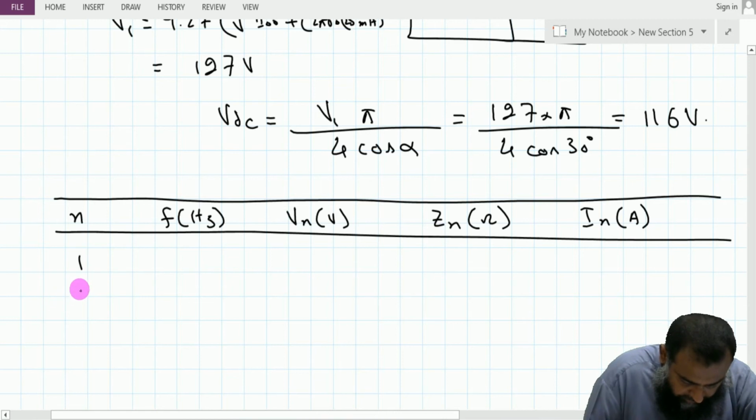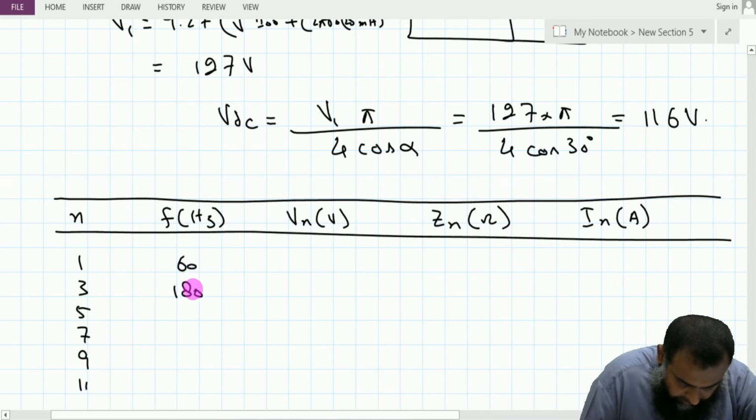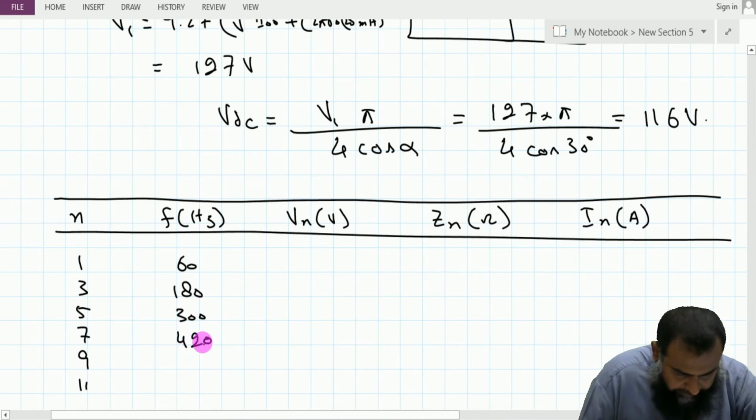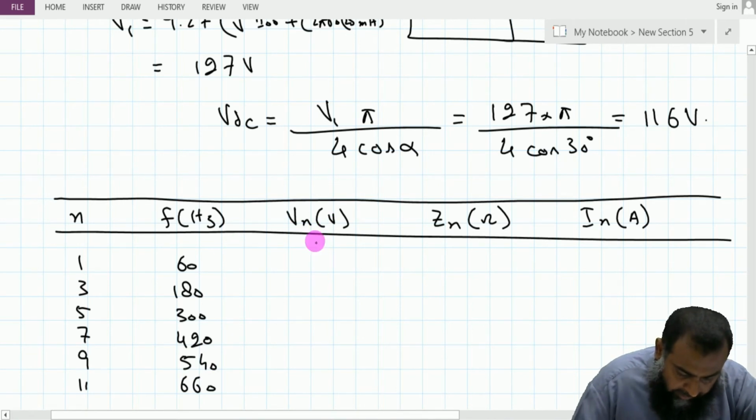This is the first, third, fifth, 7th, 9th, 11th. So here we have 60, 180, then 300, then 420, then 540, then 660. What is V1? The fundamental component is equal to 127 volt.